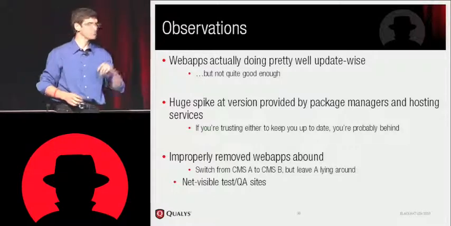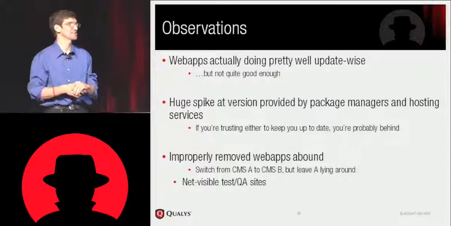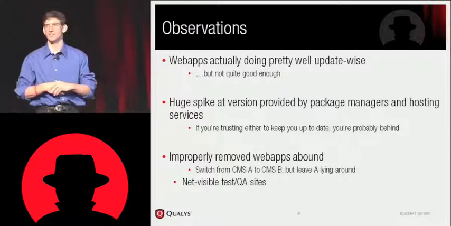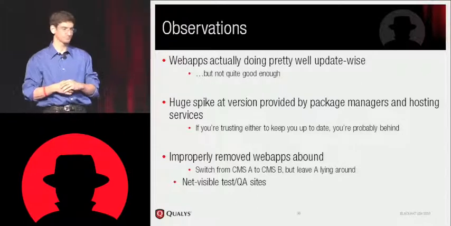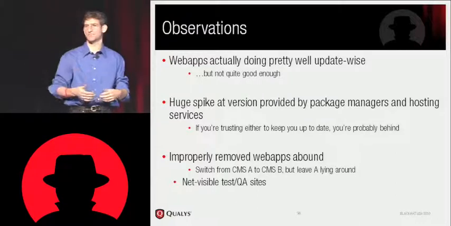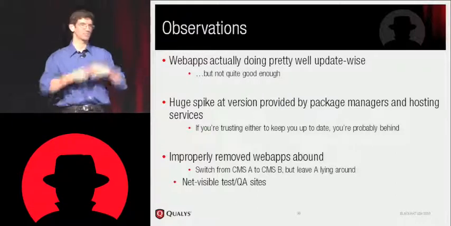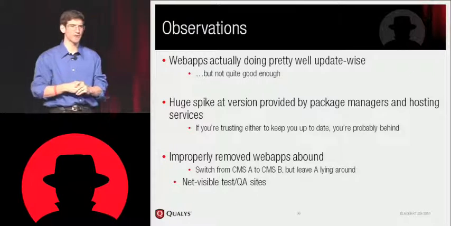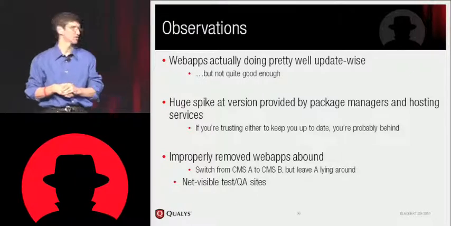Also, improperly removed web apps. We saw this in a number of cases. If a site installed Drupal and then 6 months later decided they wanted to go to Joomla, they would just install the new one right on top of it, replace the index.php and call it good.